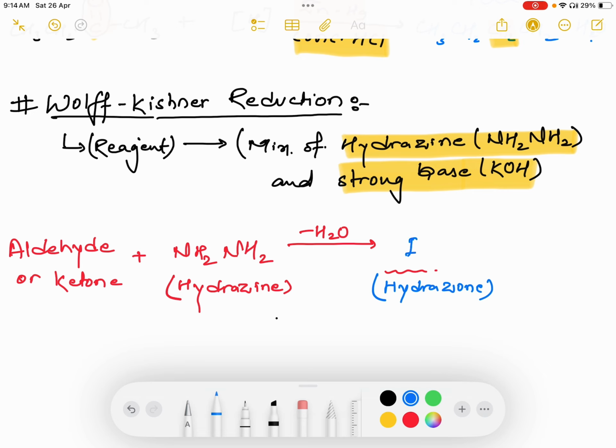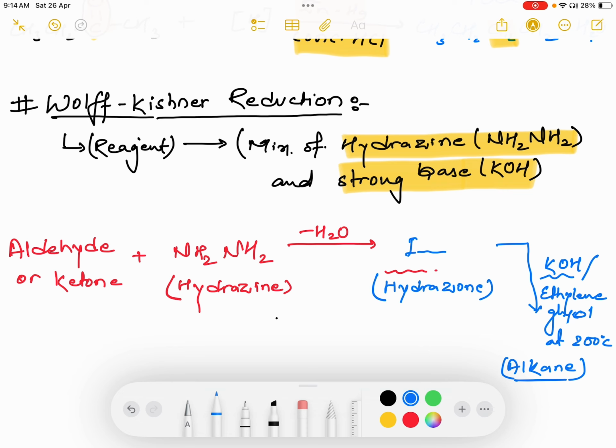You will have an intermediate, which is a hydrazone, which is further treated with KOH in the presence of ethylene glycol at 200 degrees C. You might know what ethylene glycol is. So it basically gives us alkane. So this is what you need to know.